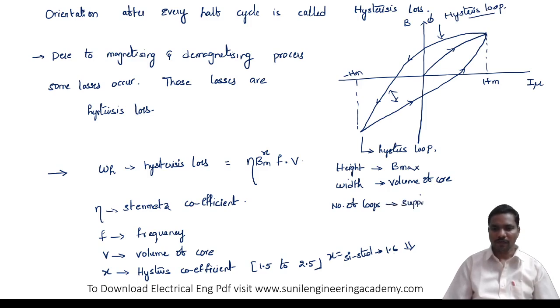If the supply has harmonics, then we will get a number of loops as per their frequencies. Sometimes there is a chance to get a question on this one also.